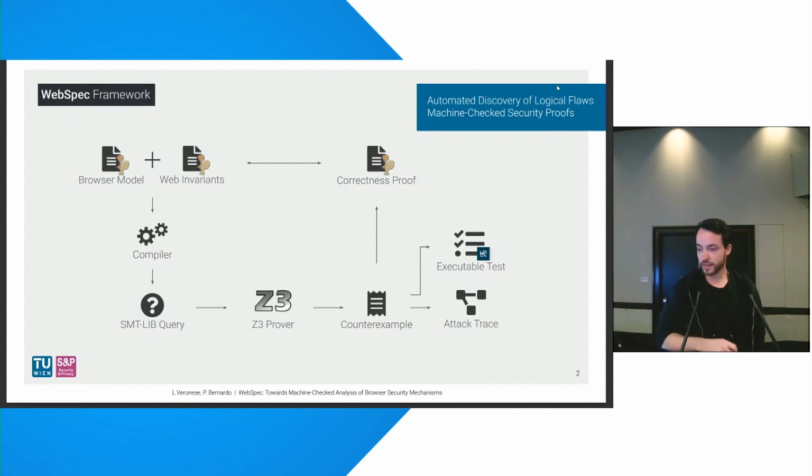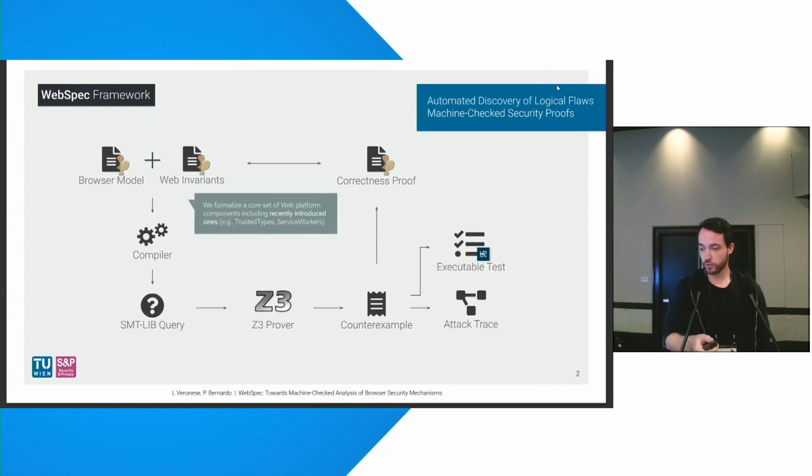In this work, we present the WebSpec framework, a framework for the formal analysis of browser security mechanisms that allows the automated discovery of logical flaws and machine-checked security proofs. WebSpec includes a formal model of the web browser written in the Coq proof assistant.